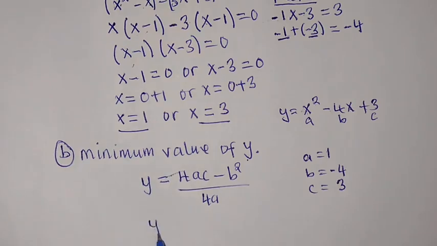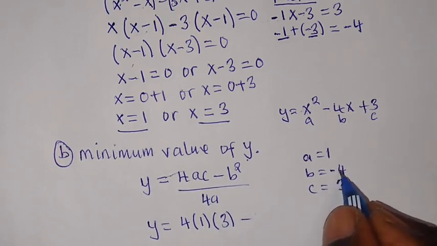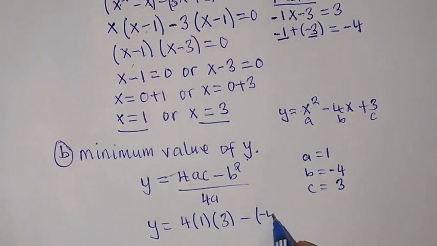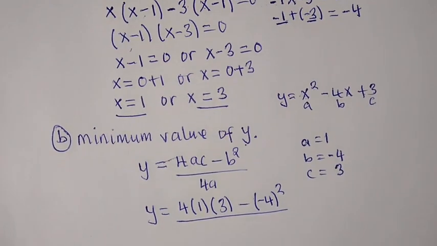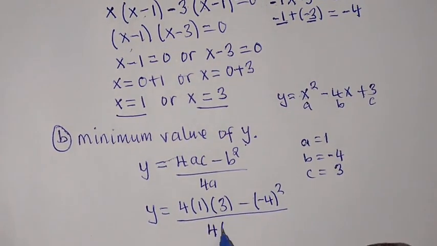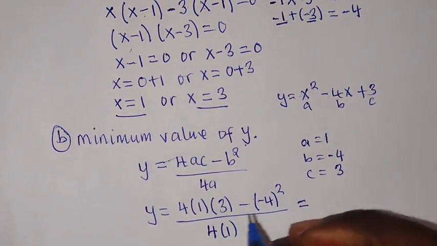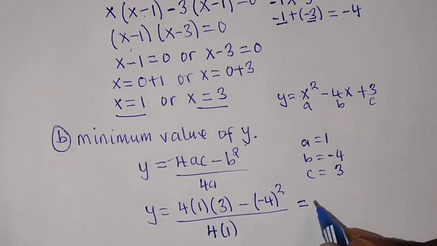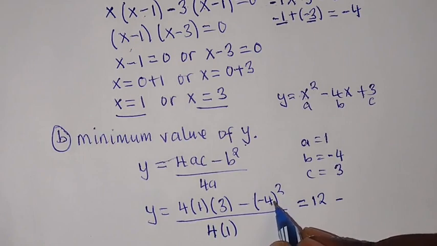So we are going to write y equal to, so we have 4, a it's 1, c it's a 3, minus our b is a minus 4. So I can put it in brackets, minus 4 squared over, then here we are going to have 4, then our a it's a 1. So from here we can say 4 times 1 times 3, this will be a 12, minus negative 4 squared.